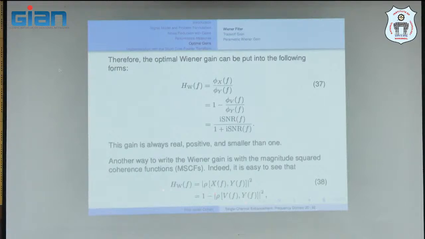So you see that the Wiener gain is simply the magnitude squared coherence function between X and Y. And it's 1 minus the magnitude squared coherence between V and Y. If V and Y have low coherence, it means that the noise is low, so the input SNR is high. It is the same, so it's also possible using this relation.